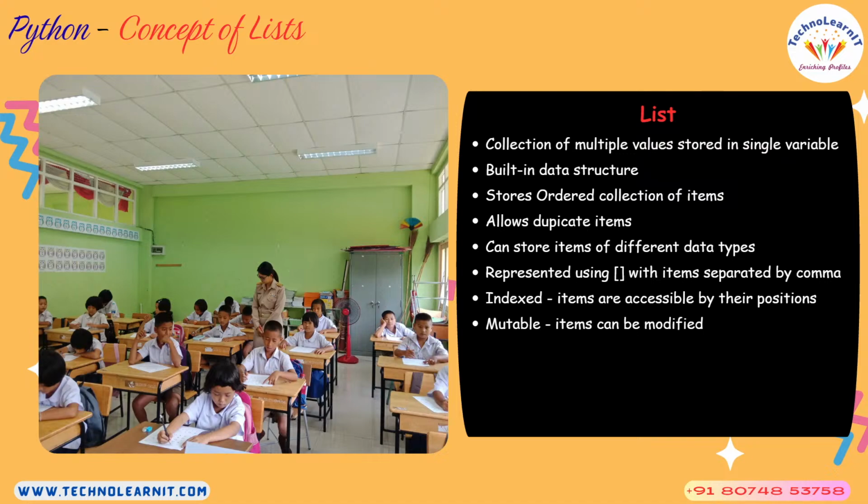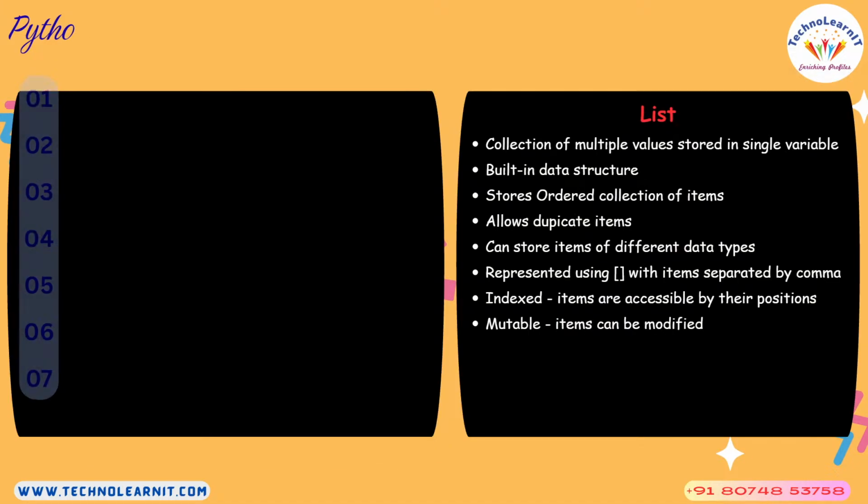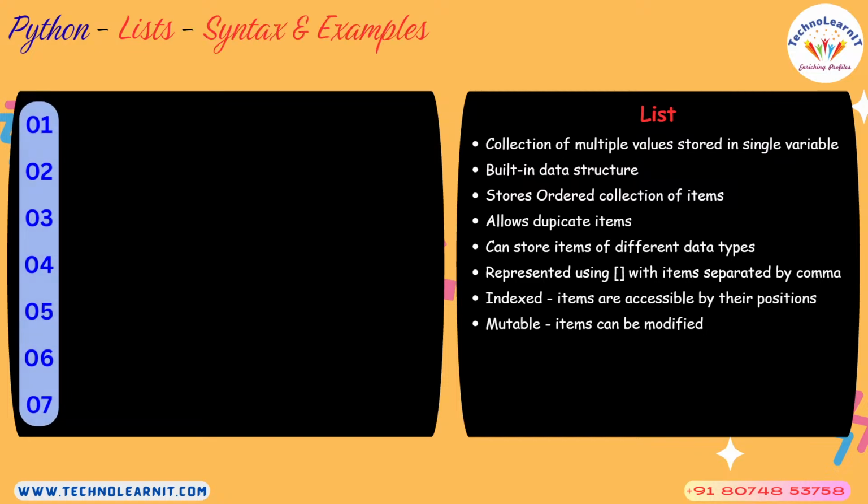All right, let us now get on to a practical code that illustrates all these properties of a list. This is the syntax where a list can be defined. You see square brackets appearing after the equal to assignment operator.